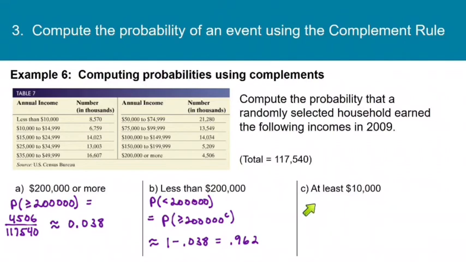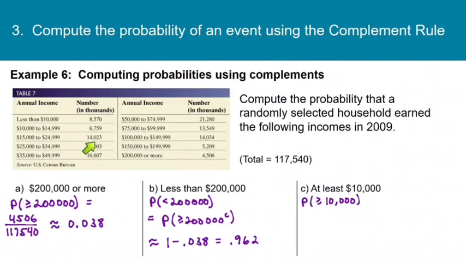Now let's find the probability that somebody made at least $10,000. At least $10,000 means greater than or equal to $10,000. All of these lines except the first one represent people that made at least $10,000. So the only line that didn't make at least $10,000 is this first one.